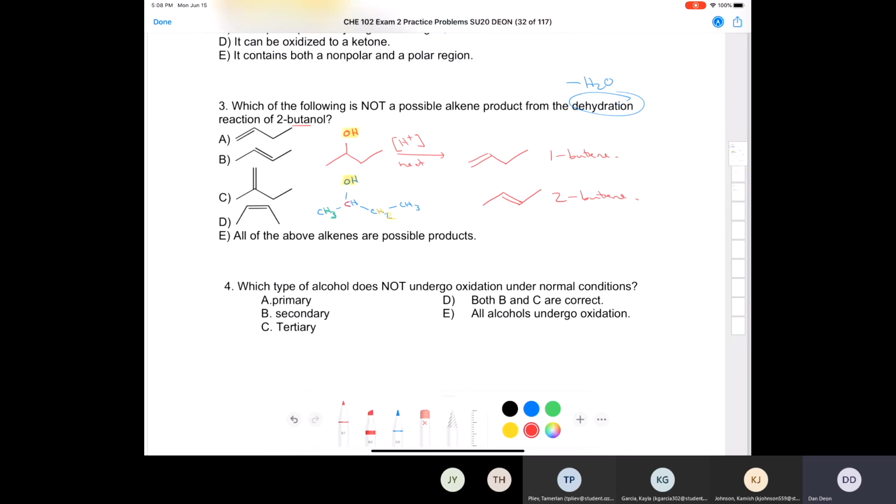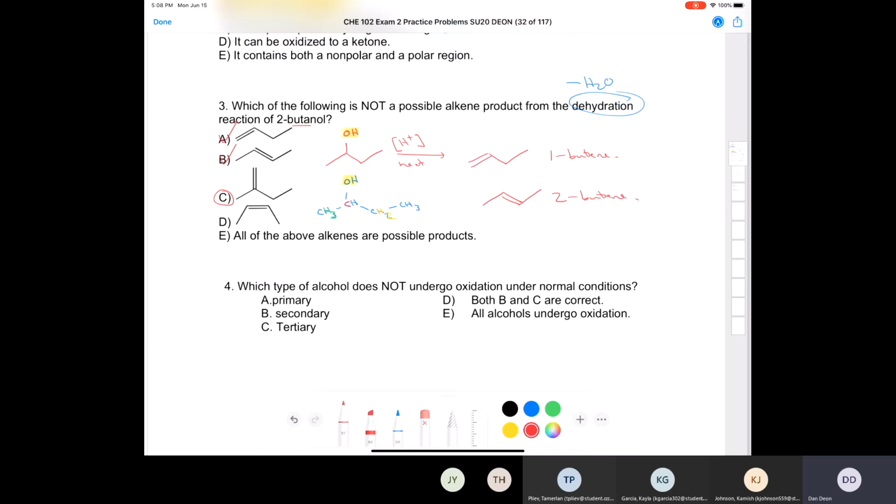Now you see that 1-butene is in A, so that's a possible product. 2-butene is here. Now, if you look at C, can anybody tell me what the major problem with C is? There's a big bad problem with C that should make red lights go off immediately.